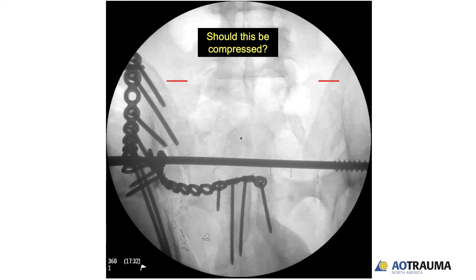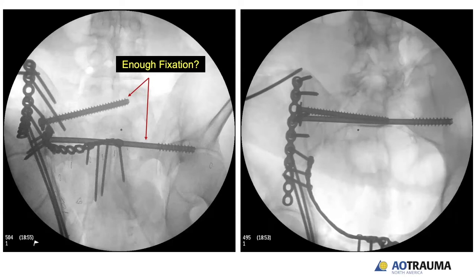All right, Kevin. He didn't have a corridor for a transiliac transsacral screw at the S1 level, so I placed an iliosacral screw. The question now is whether this is enough fixation for that sacral fracture: one transiliac transsacral screw, then one iliosacral screw where the fracture line is basically in the middle of the screw.